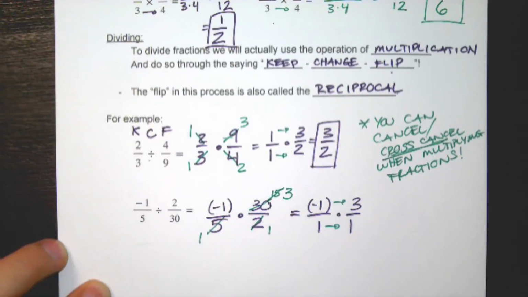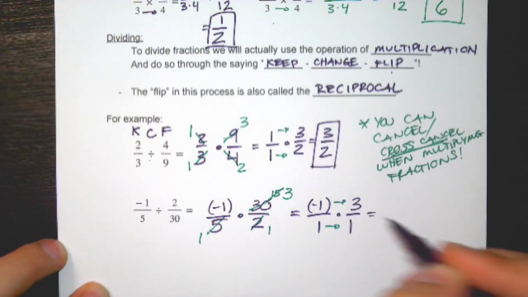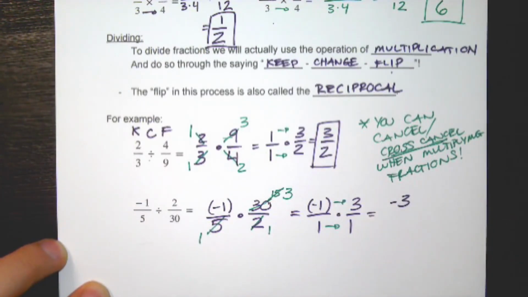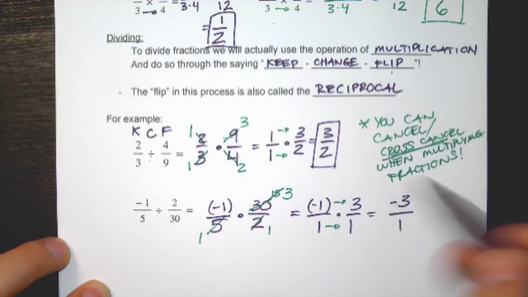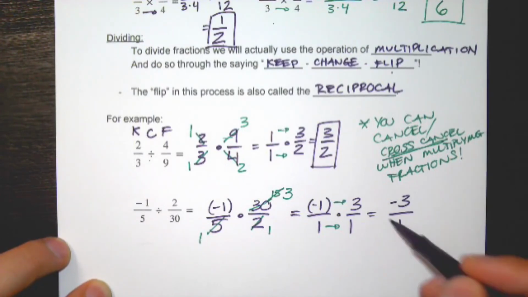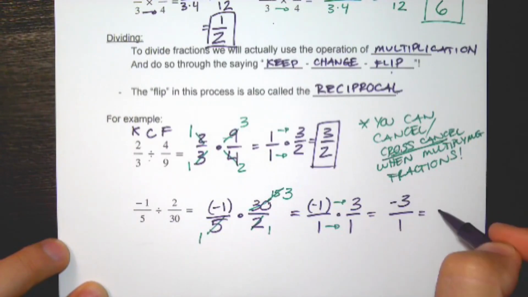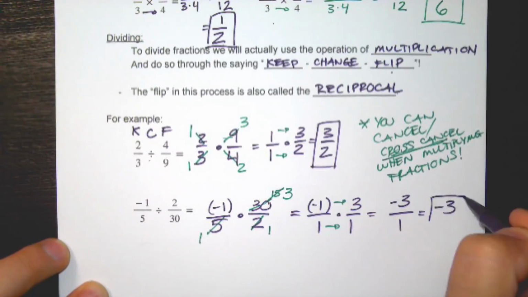So now we're just multiplying across the top and across the bottom. We have -1 times 3, which is -3. And then we have 1 times 1, which is 1. Now, this is a really nice fraction because it's divided by 1, which we could just rewrite as -3 divided by 1, or -3.